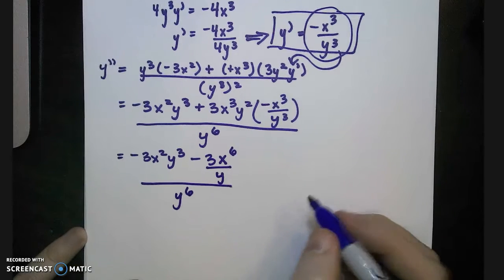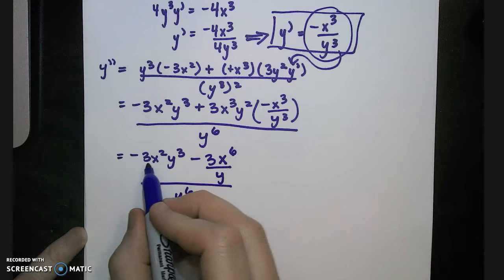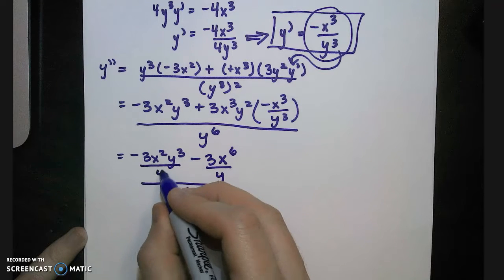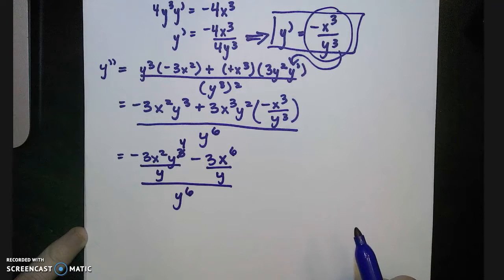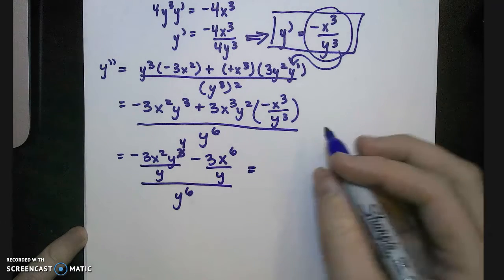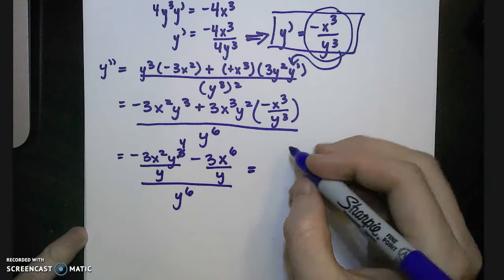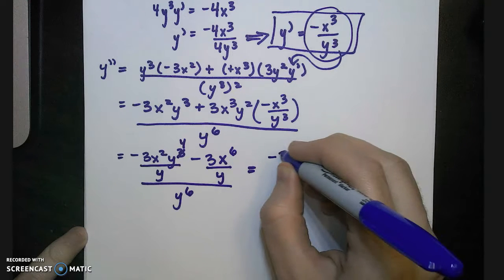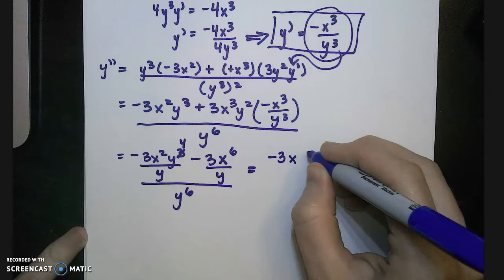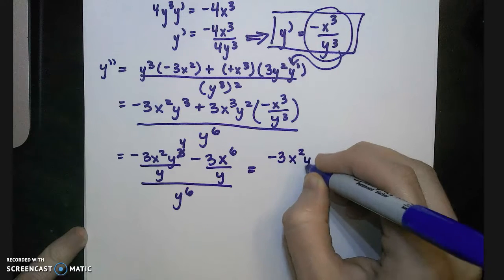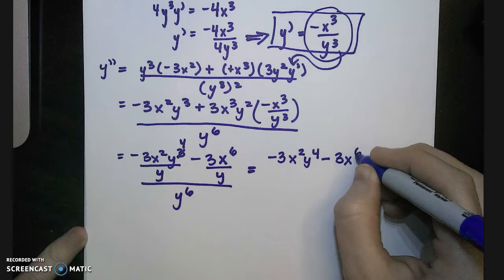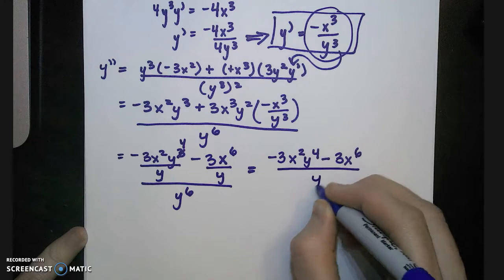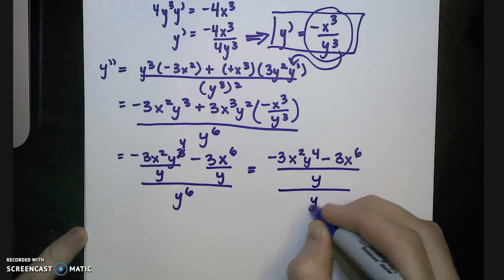Then I want to put these together, so I'm going to get a common denominator here. I'm going to put a y on the bottom and add an extra y on top. So that's now going to be y to the fourth. With that, now I can subtract these fractions on top. So I've got negative 3x squared y to the fourth minus 3x to the sixth all over y to the sixth.